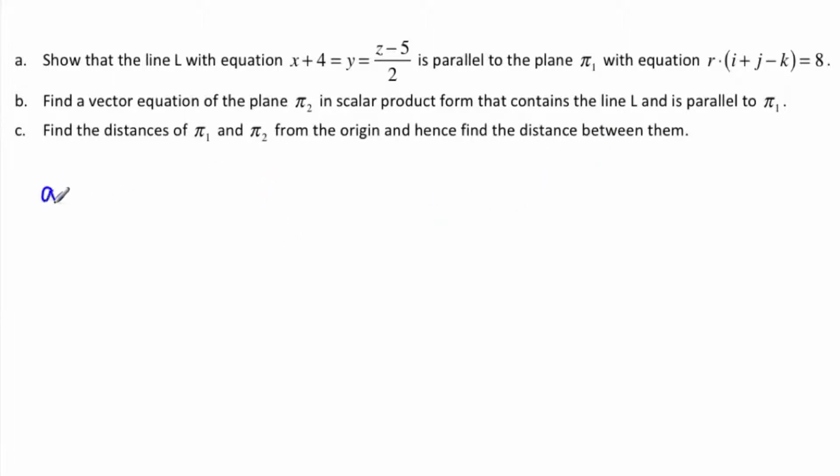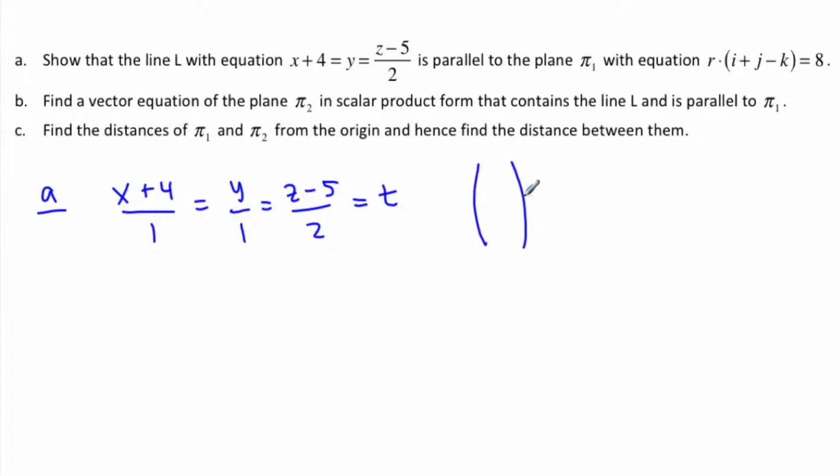So part A, show that the line is parallel to the plane. I'm going to convert this line into vector form, but write it a little bit differently first. I'll set it equal to t. All of these pieces are equal to our parameter t. So then if I wanted to convert it to vector form, we'll get r equals, or xyz equals.